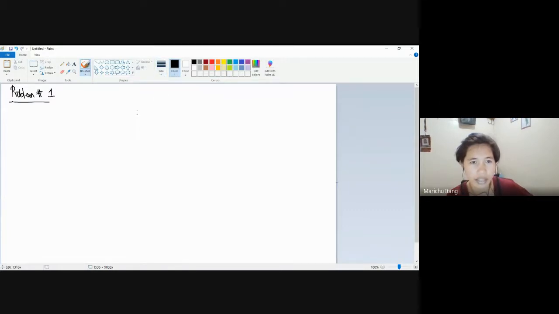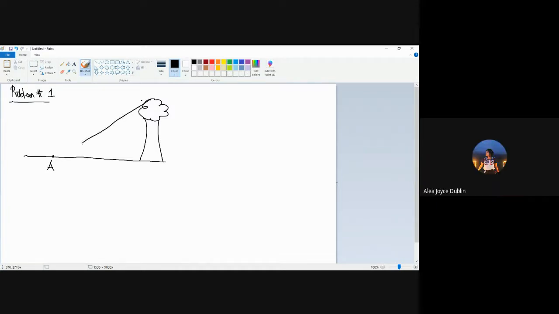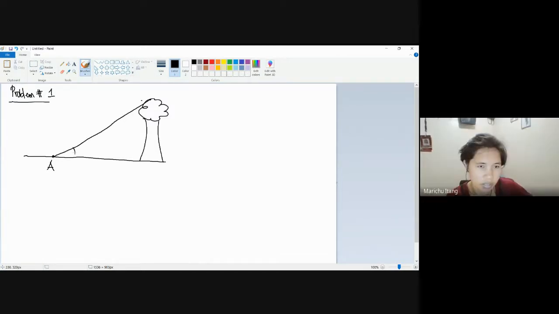So let's just have the illustration. It says that the observer and the tree are on the same plane. So if this is the tree, at a certain point here, let's say this is point A, the observer looks at the top of the tree.